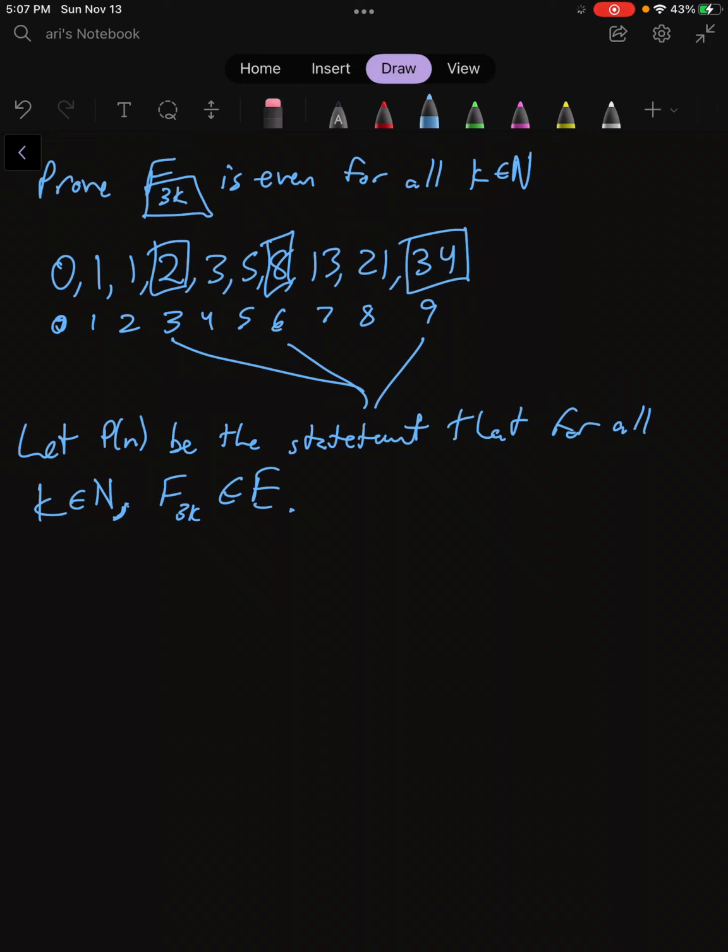So, what will be our base case? Well, I would say that our base case should be when k is 0, because that's the smallest natural number. I made one little error here. I should say p of k, not p of n, because we don't have an n.